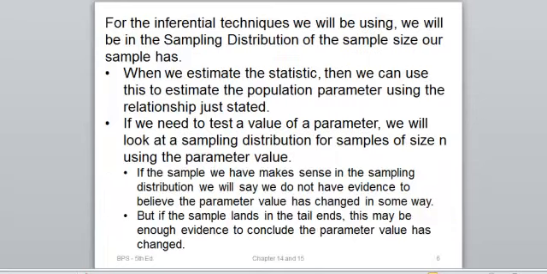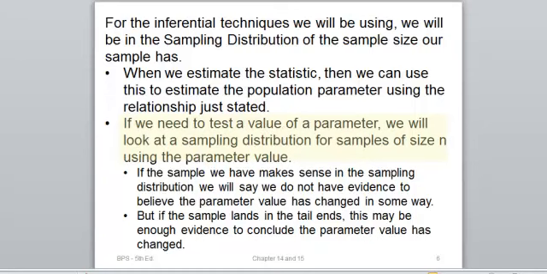For the inferential techniques we're going to be looking into, we'll always be in the sampling distribution for a specific sample size. When we estimate the statistic, we can use this to estimate the population parameter because of the relationship we just saw. If we need to test a value of a parameter, we will look at the sampling distribution for samples of size n using that parameter value.